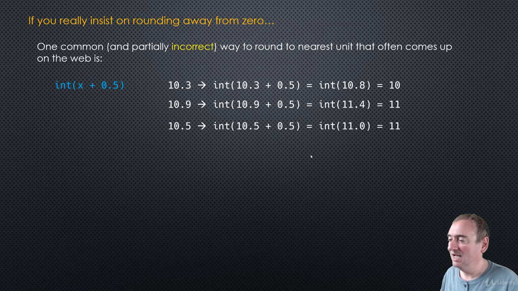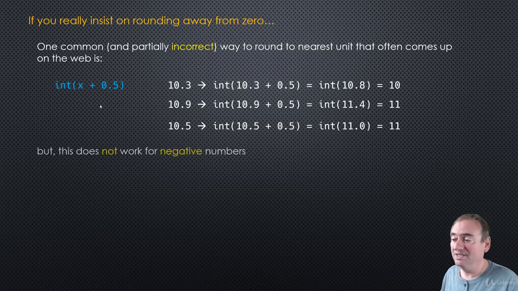That kind of works. 10.5, right? We get 10.5 plus 0.5, which is 11. We truncate that, we get 11. Well, that works too. 10.5 rounded up to 11. So we're good. Now, there are a couple of problems with this, however. One is that this is only really valid for rounding to integers. If you want other powers of 10, you'd have a more complicated way of doing this.